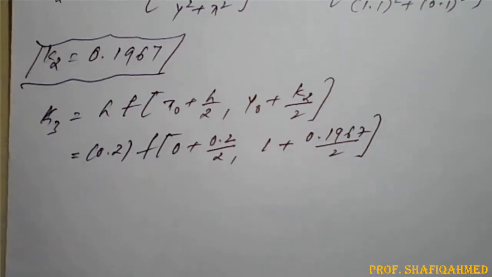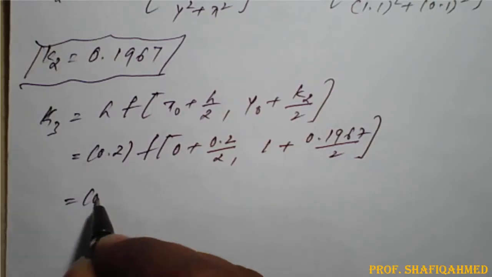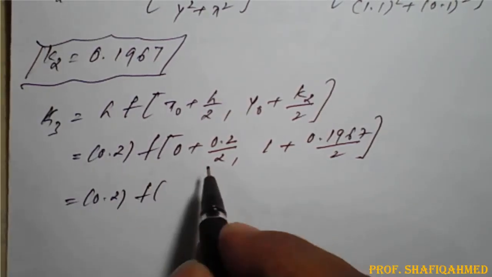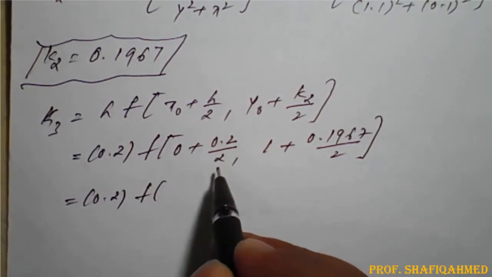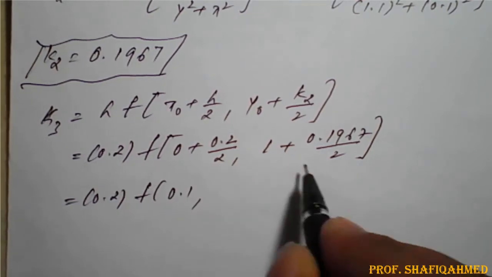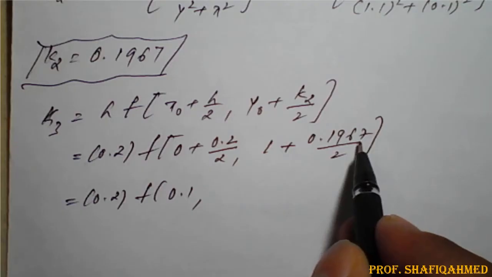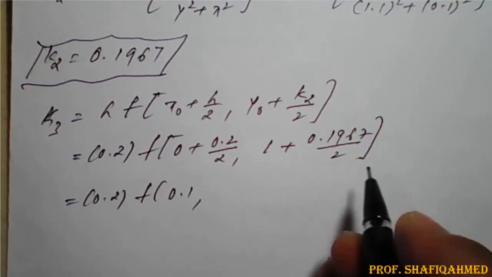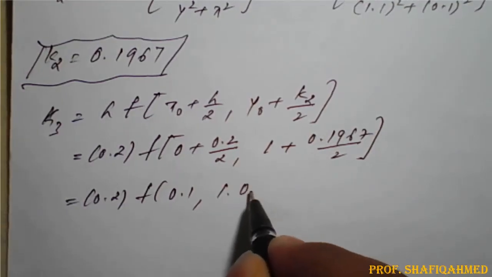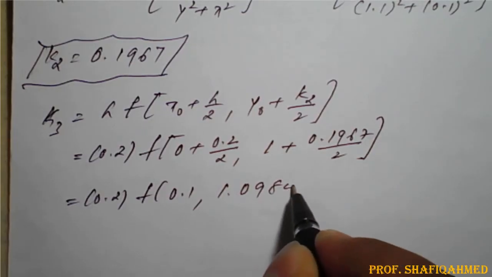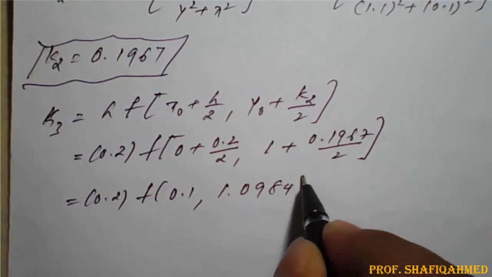So we get 0.2 into f of (0.1, 1 plus 0.1967 divided by 2), which is 1.0984. On calculation you will get this much.